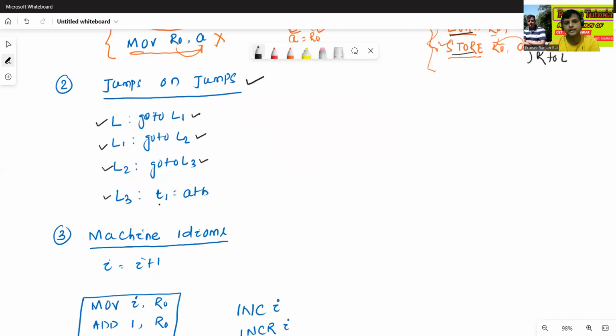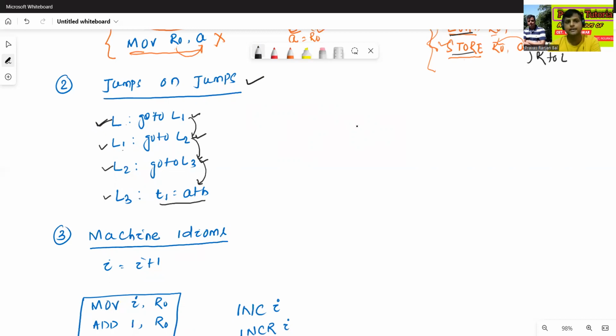In L3, we assign T1 equals A plus B. When we go to L1, it will jump to here. When we go to L2, it will jump to here.